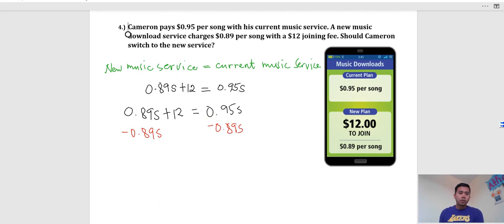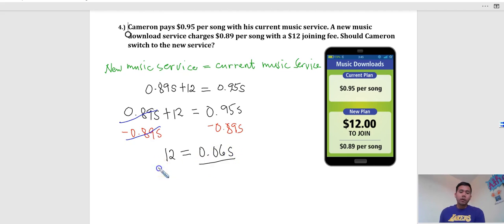So this will be canceled out, and I isolated the variable S. So I have 12 is equal to 0.95 minus 0.89, which is 0.06S.